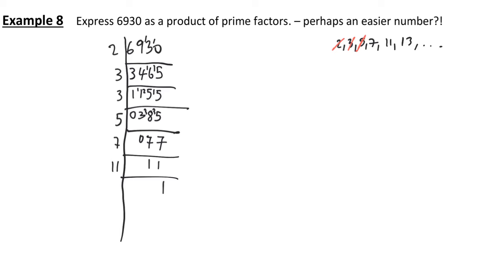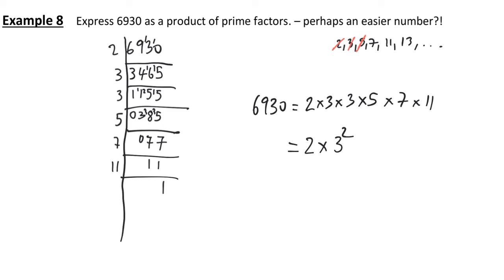So 6,930 is equal to 2 times 3 times 3 times 5 times 7 times 11, which we could write in index form as 2 times 3 squared, because there's two 3's being multiplied together, times 5 times 7 times 11.